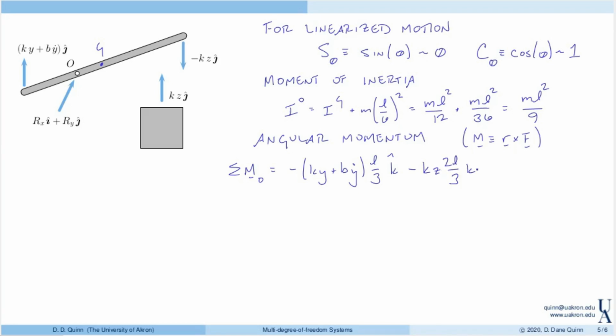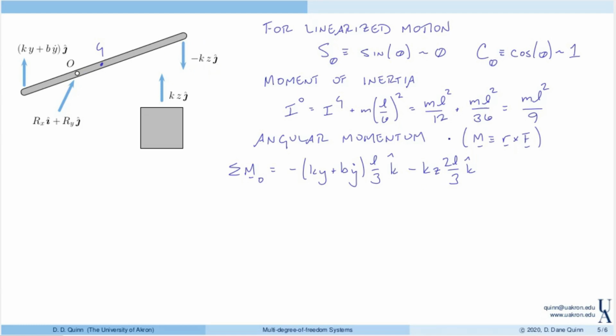3 times k. If these confuse you at all, go back, maybe pause the video, and work out this cross product. For this force, r here would be minus L over 3 in the i direction. Right, so i cross j is equal to k, but we have a minus L over 3. And then for this force, it would actually be 2L over 3 i cross minus kz in the j direction.